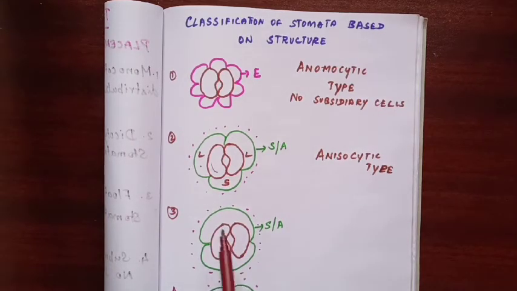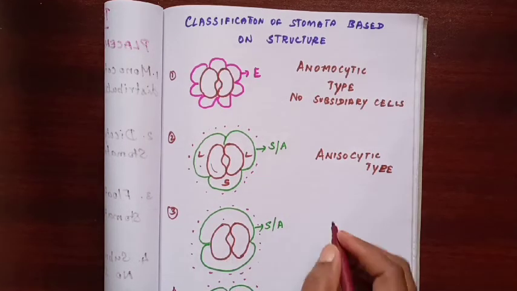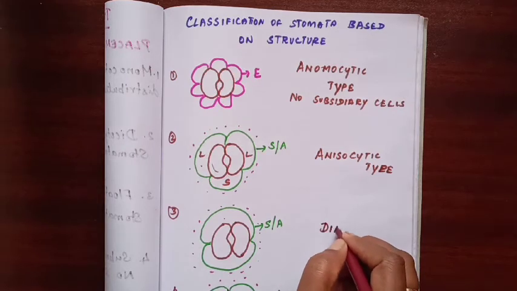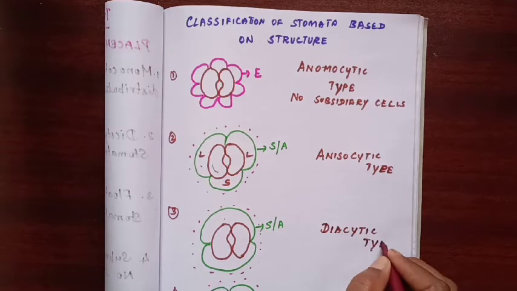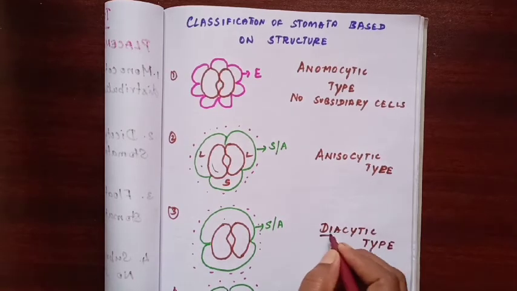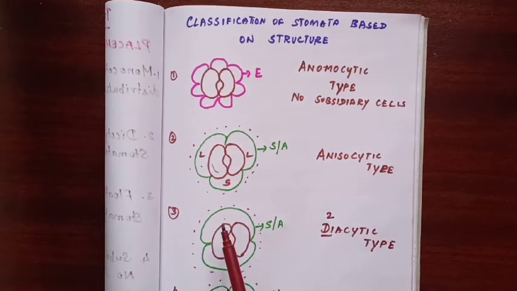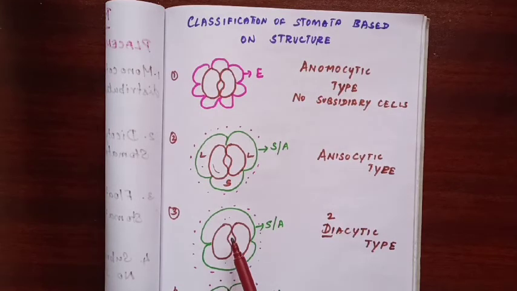The next type, you can see 2 subsidiary cells are found which is right angle to the guard cell. So such a type of stomata we call it as diacytic type. Di means two. So two accessory cells, number 1 and number 2, which is right angle to the guard cell.